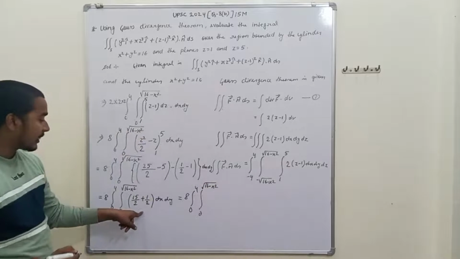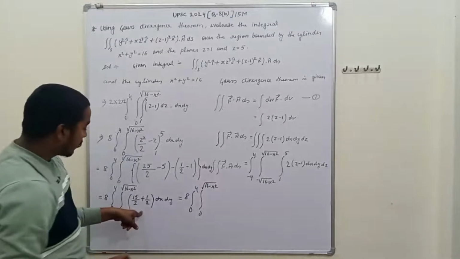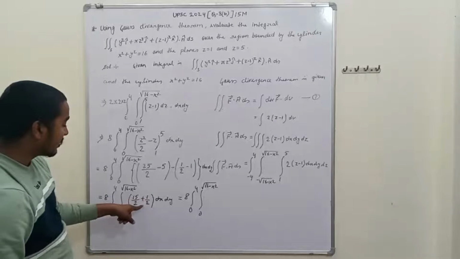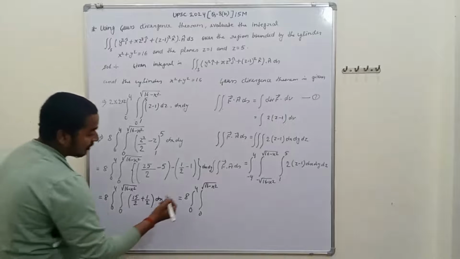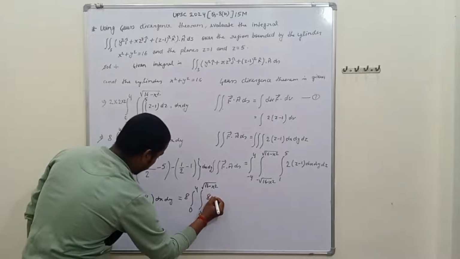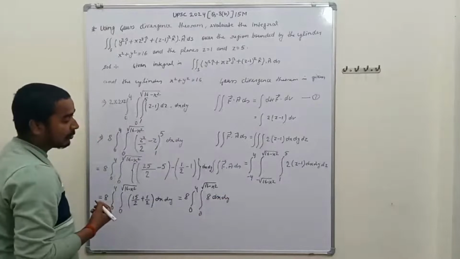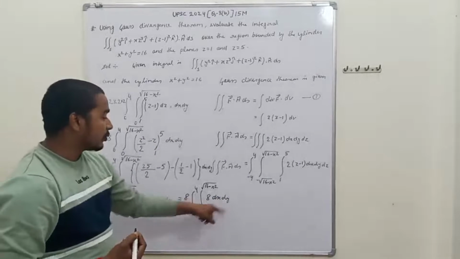Here 25 minus 10 is 15 upon 2, and minus 1 by 2 and minus 1, that is minus 1 by 2, and the minus is already present, so plus 1 by 2, dx dy. Taking LCM 2, 15 plus 1 is 16, 16 by 2 is 8, that is 8 dx dy.